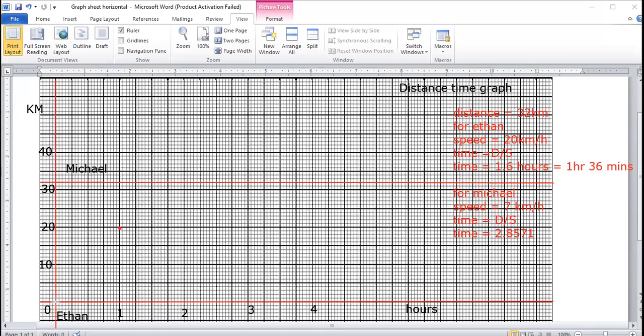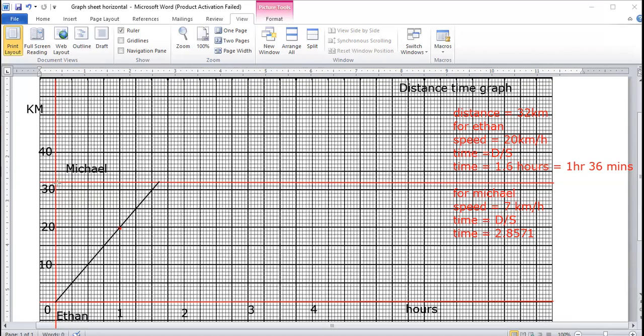Ethan is starting from here, and passing through this point, I will take it to the destination. This is my plotting for Ethan, right? Ethan was moving with a speed of 20 kilometers per hour. So I've got this.